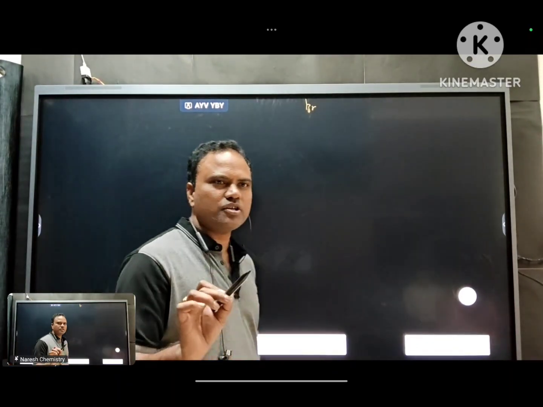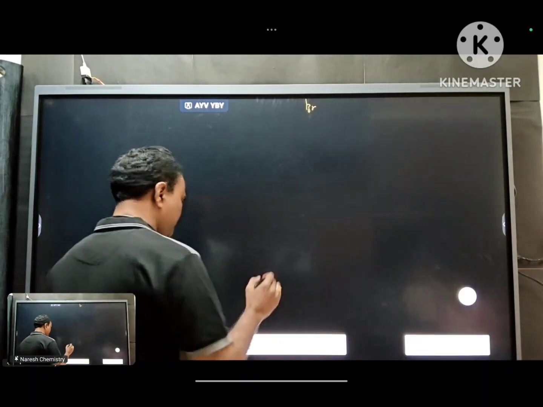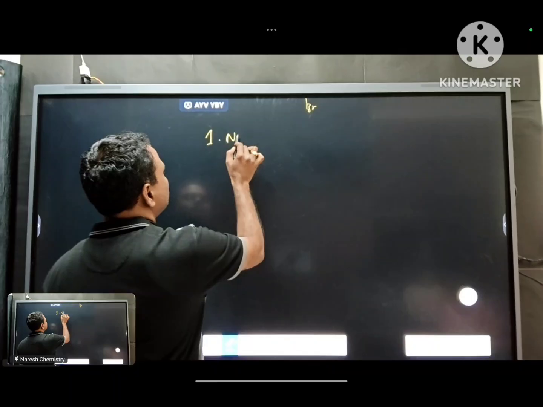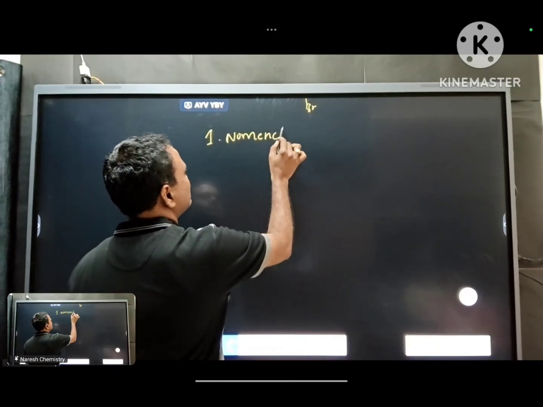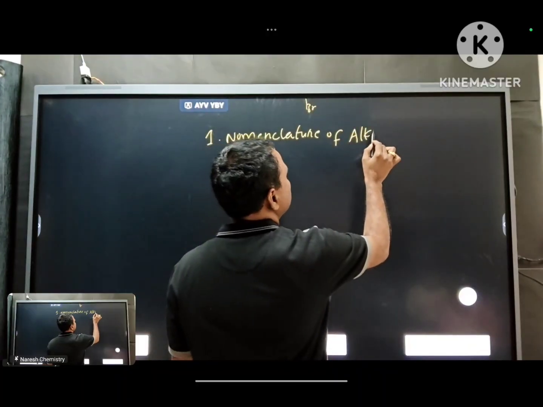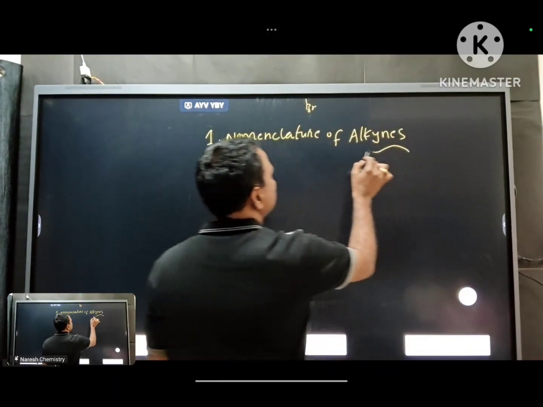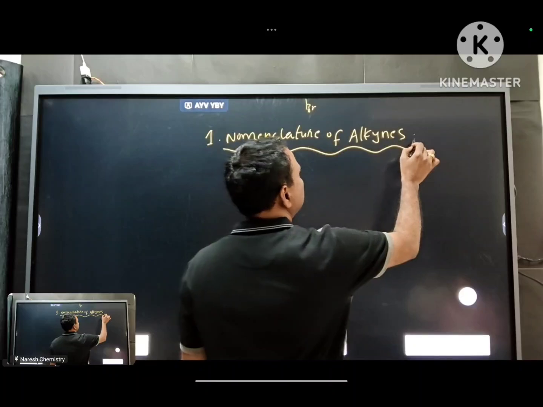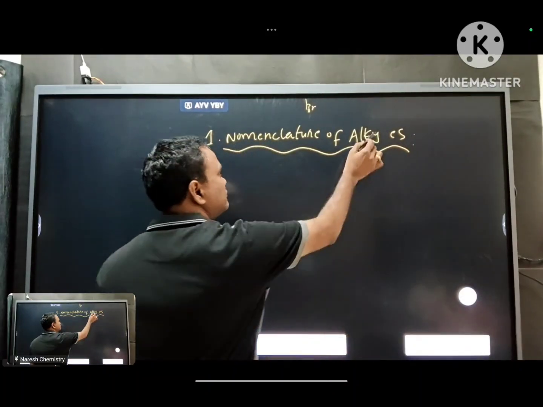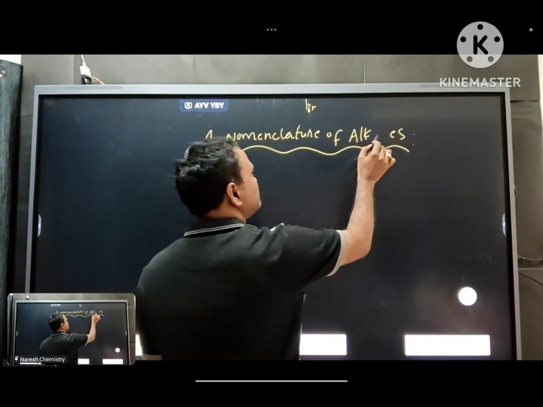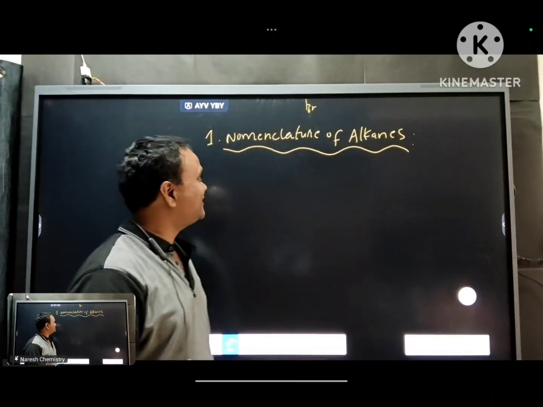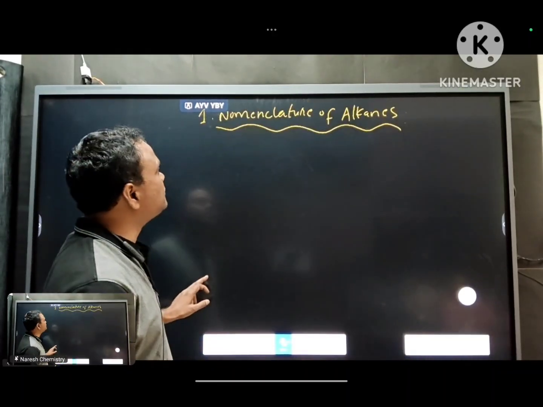Start with the first one, nomenclature of alkanes.